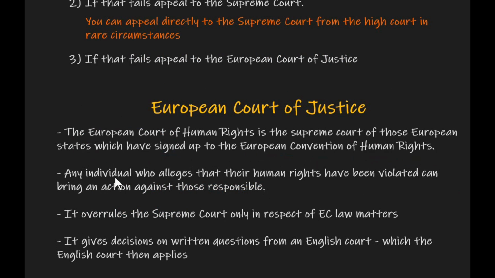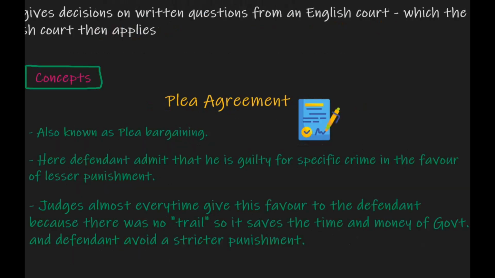Here, any individual who alleges that their human rights have been violated can bring an action against those who are responsible. It overrules the Supreme Court decisions only in respect to European Convention law matters.